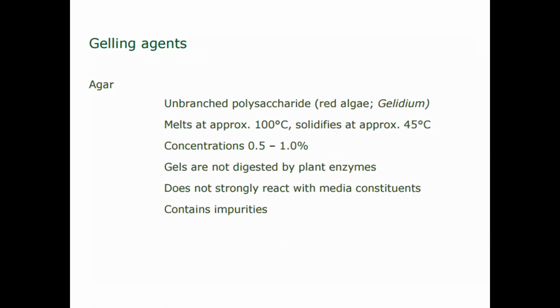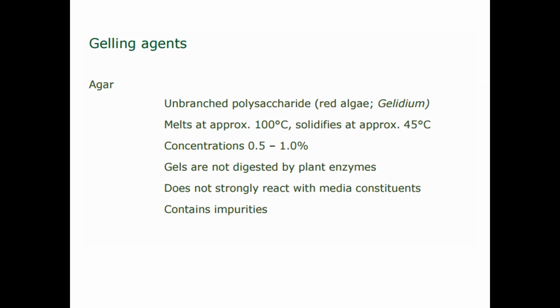Gelling agent: mostly in the nutrient medium, the gelling agent used is agar. Agar is an unbranched polysaccharide from red algae, for example Gelidium. Even in our country, some of the seaweed can produce agar. Agar is very interesting. It melts at 100 degrees Celsius, and if you cool it down, it solidifies into a gel-like structure.